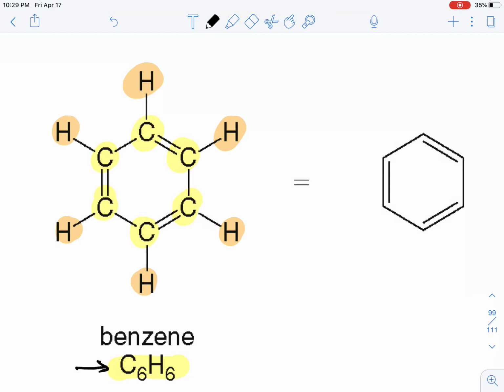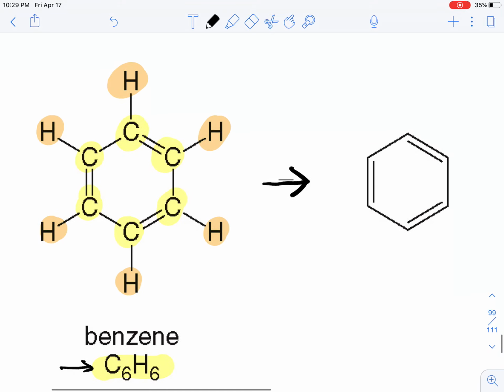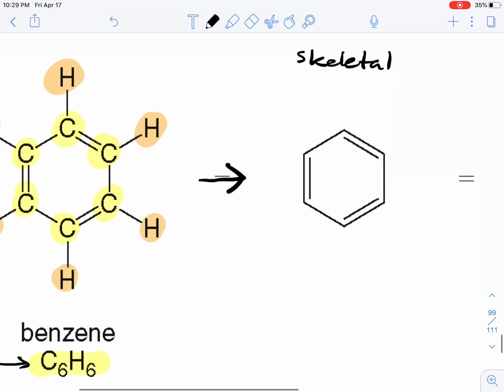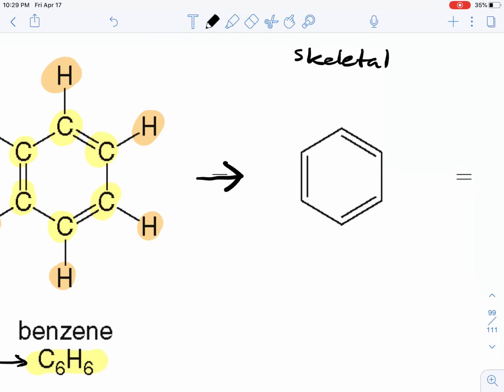Now, if we were to translate this expanded structure of benzene into a skeletal structure, this is the skeletal structure that we would get. And so just be very mindful that all of the hydrogens have been excluded and all the carbons are represented as corners or vertices where the two lines just meet and intersect.